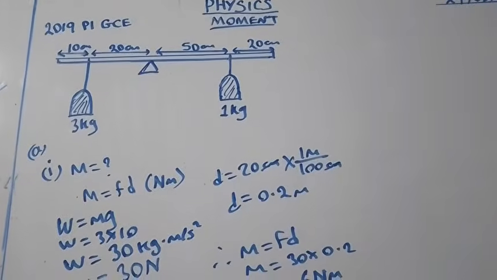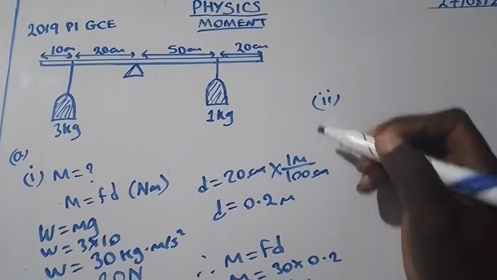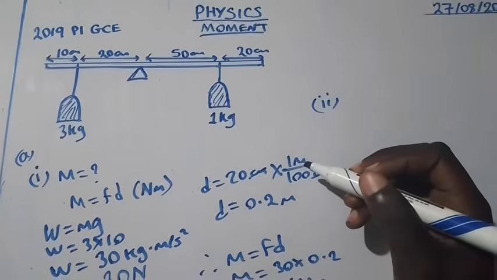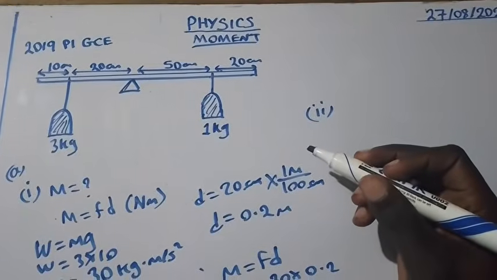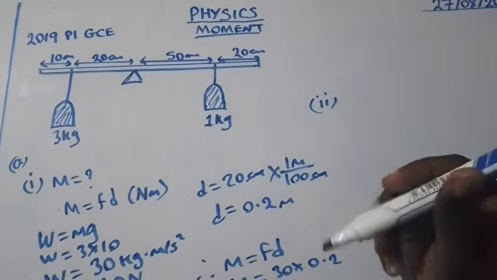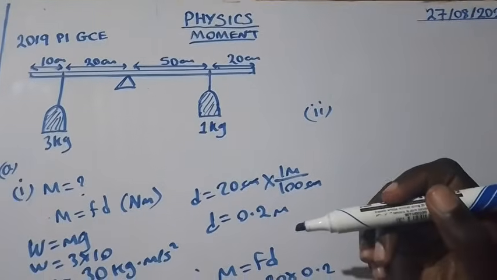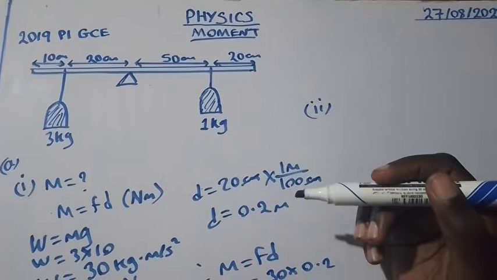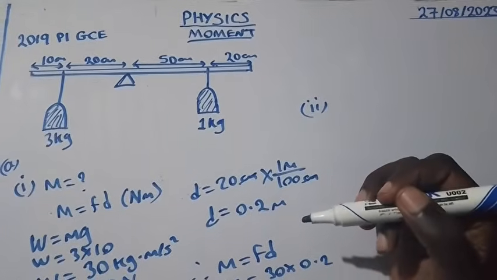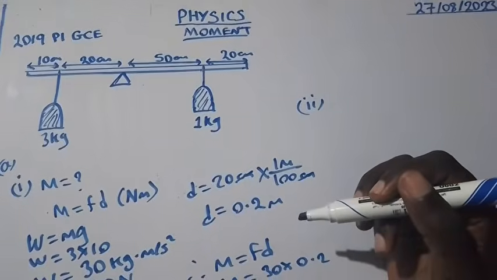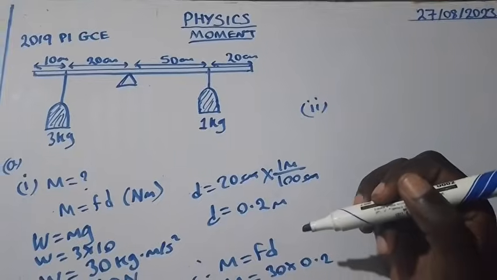Okay, so we go to the next question, which is the weight of the plank. I want you to pay much attention on this one. When they ask you to find the weight of the plank, first thing first, you should identify the point where all the forces are acting, which is the center of gravity or center of mass.